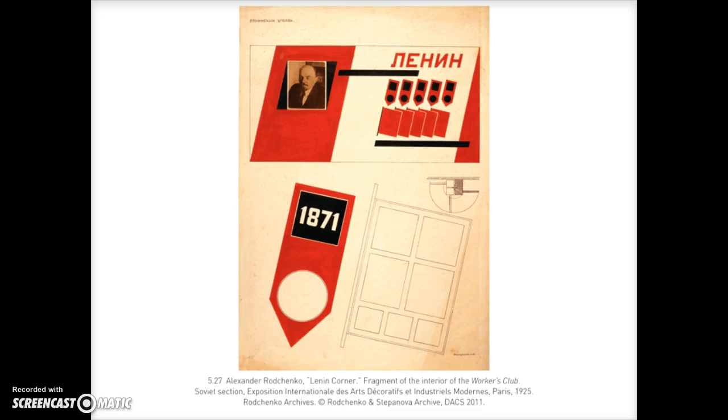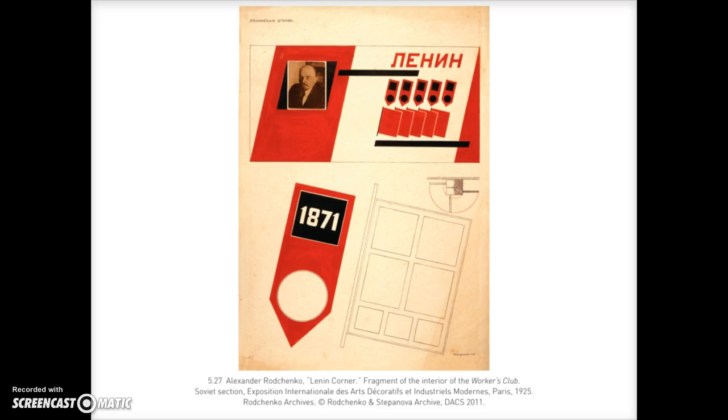This is by Alexander Rodchenko, Lenin Corner. This was a part of the Workers' Club that Rodchenko had designed for one of the Soviet exhibits at the Exposition Internationale des Arts Décoratifs et Industriels Modernes in Paris in 1925.